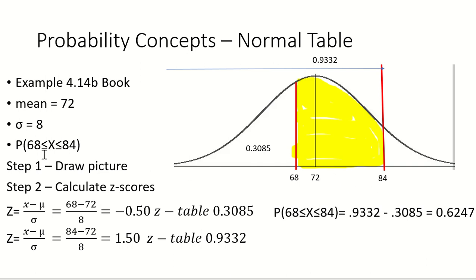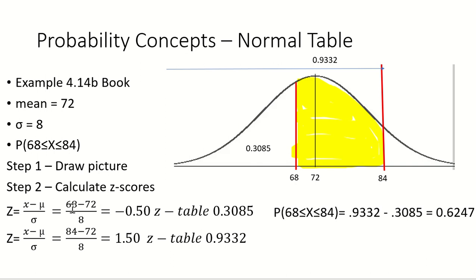In particular, I'm looking at 68 or above and below 84. So this is the area that I'm looking at, okay? The only thing different now is I have 2 values, 68 and 84. So I calculate 2 z-scores.